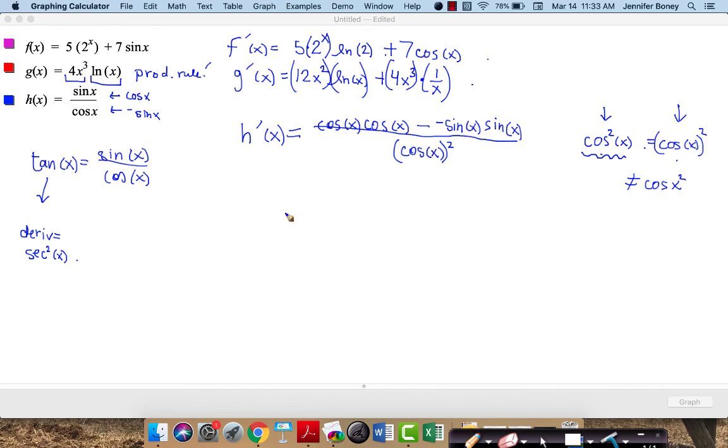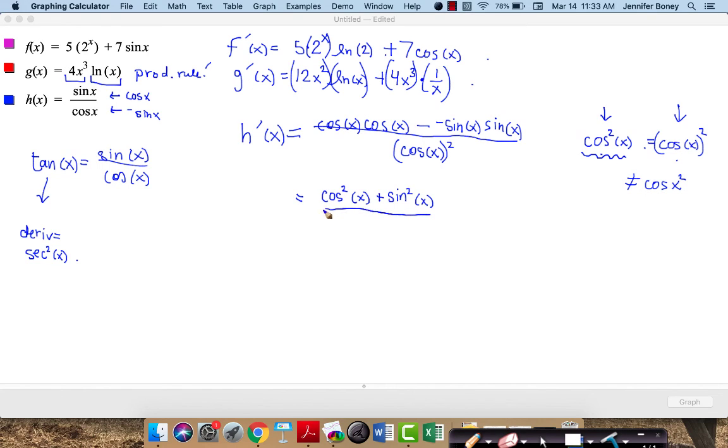All right, so let's get back to this h prime of x. Clearly it doesn't look like secant squared right now, but that numerator, cosine of x times cosine of x, here I'll use this fancy notation, is cosine squared of x. And then minus a negative, sine of x times sine of x, so sine squared of x. Fancy notation again.